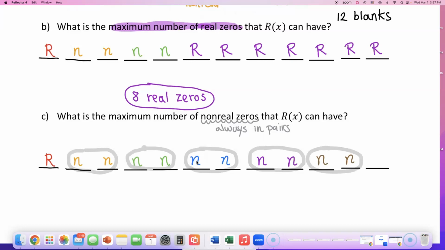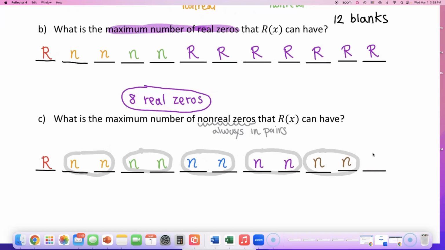All right, last one. I'm going to put an N here. Can I put an N there? Nope, nope, nope, nope, right? See, if I put an N here, that non-real zero will not have room for its conjugate partner. So that last one cannot be a non-real zero because we don't have a 13th blank to have its conjugate pair coming in.